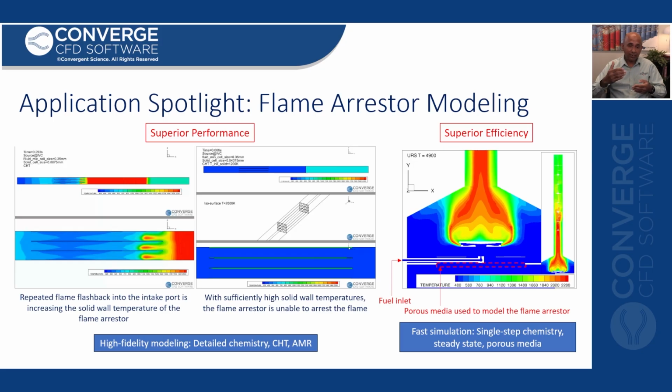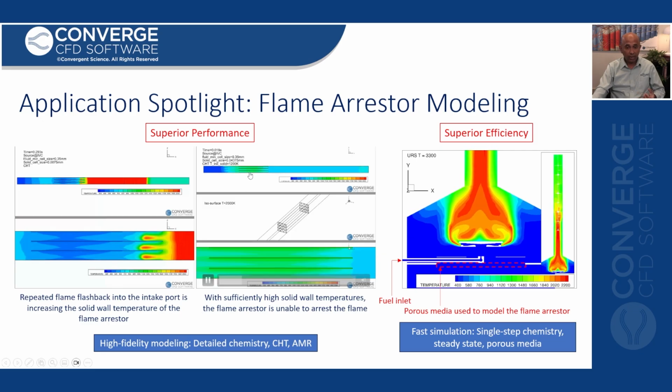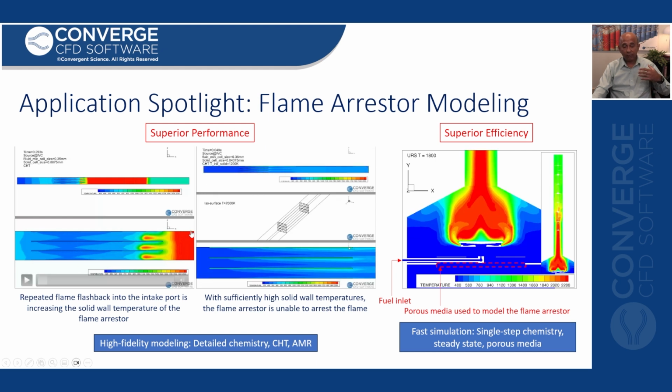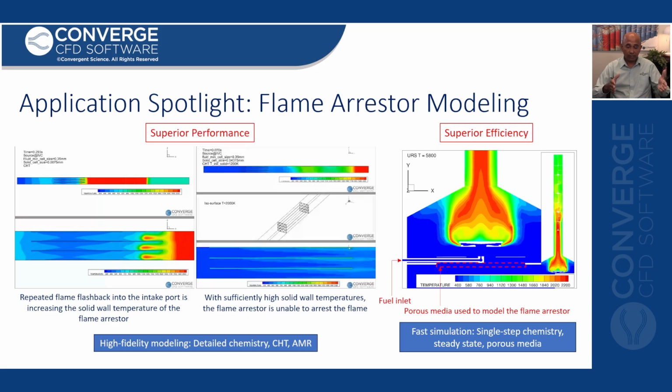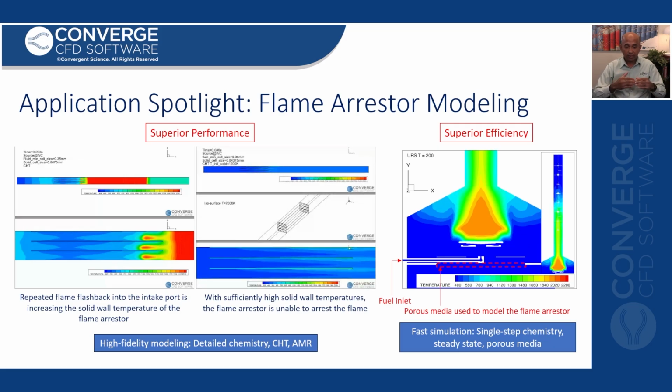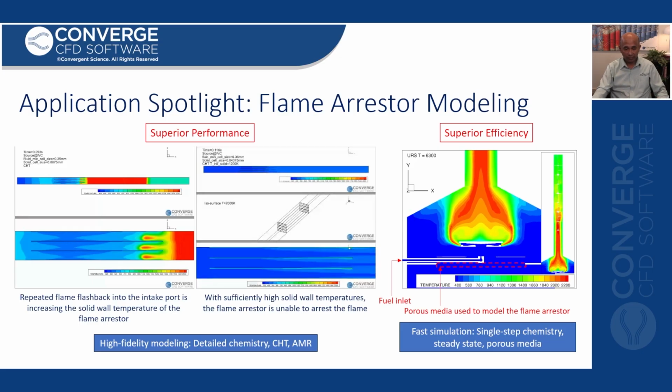What would that solid temperature be? So that's the kind of simulation that you see here. When the solid temperatures are high, in this case 1200 K, the flame does escape to the left hand side. So you can figure out at what point, after how many thousands of hours of operation, the flame arrestor fails if continuous flame is interacting with it.